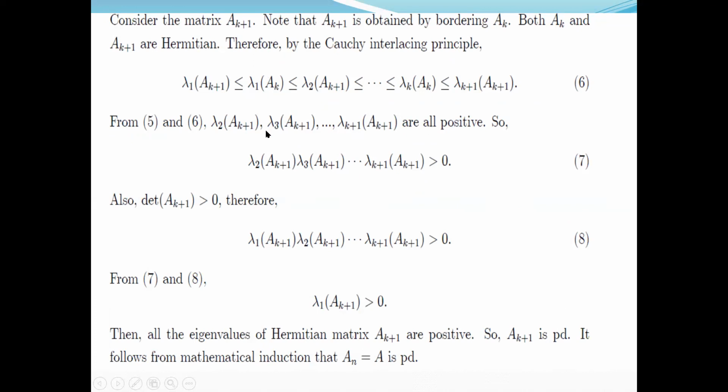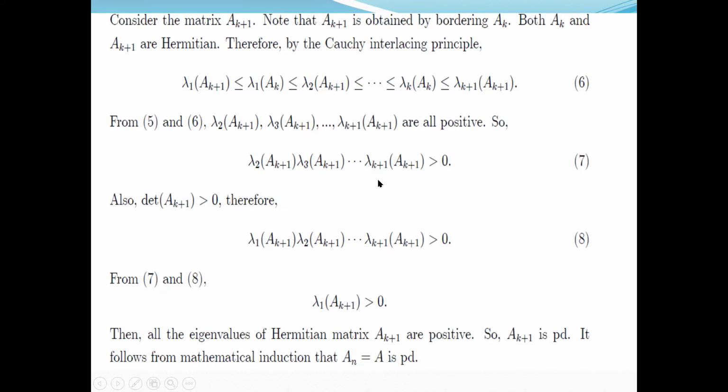So their product, lambda 2, lambda 3 up to lambda (k+1) of A(k+1), is also greater than 0. Also given that the determinant of A(k+1) is greater than 0. Therefore, this product starting from lambda 1, lambda 2 up to lambda (k+1) is greater than 0.